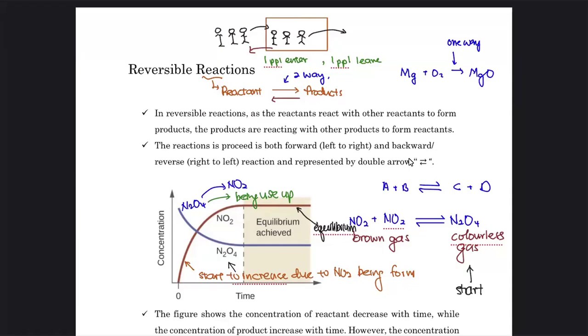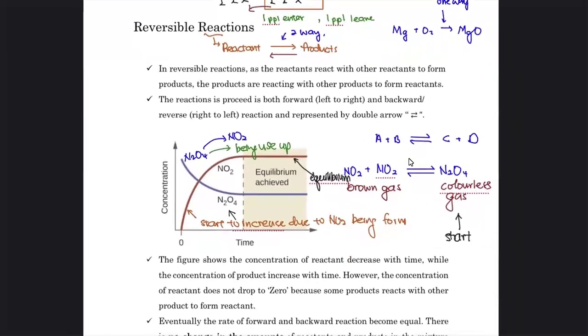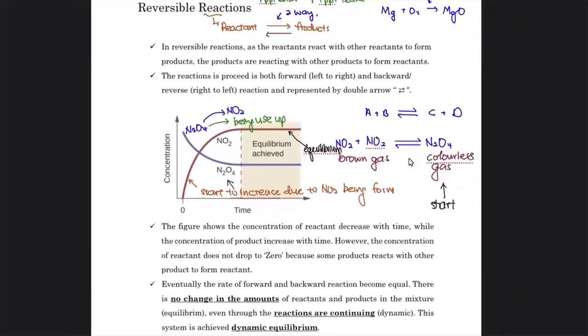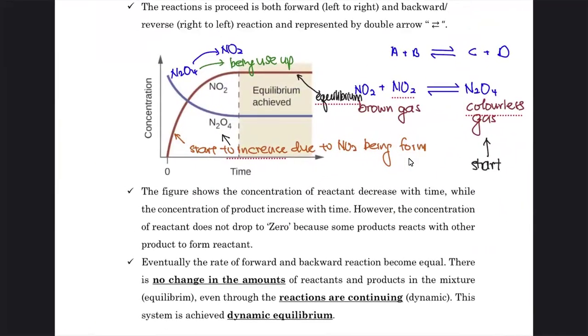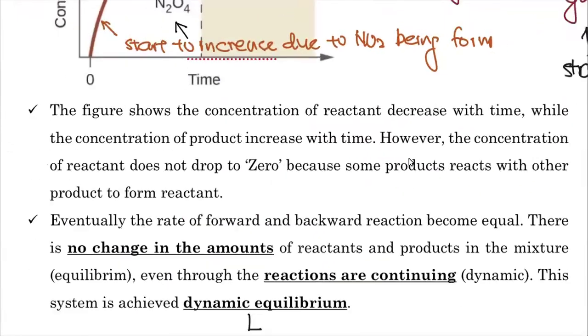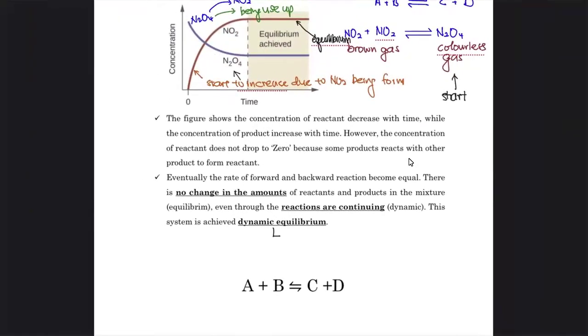So we usually say when there are constant concentrations, that means we reach a dynamic equilibrium. I want to highlight the words dynamic equilibrium.